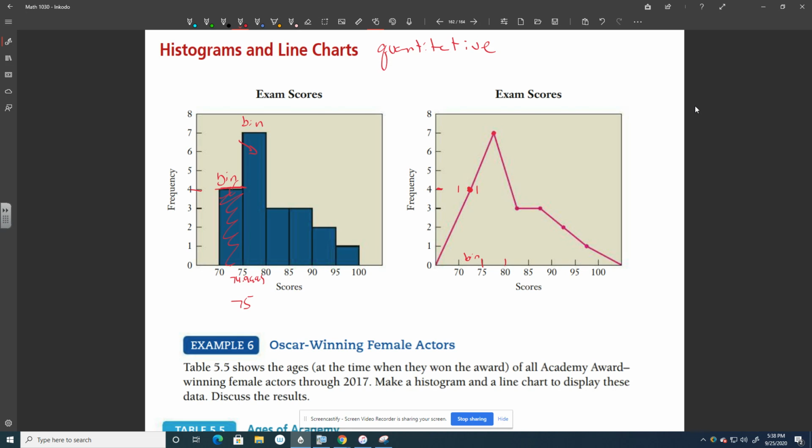And depending on what you're trying to show, you might want to use either one. They tell you the same thing. This one I think is a lot easier if you're really interested in the groups. The line charts, I think, give you a better idea of trends. Like it's really easy to see on this, oh, this is going up and then up again, and then it goes down and flattens out and then down and down and down.